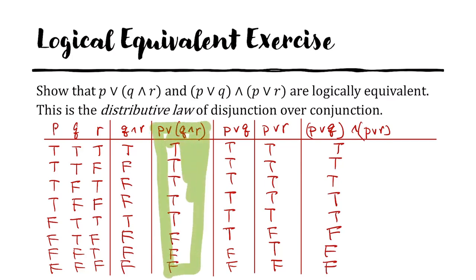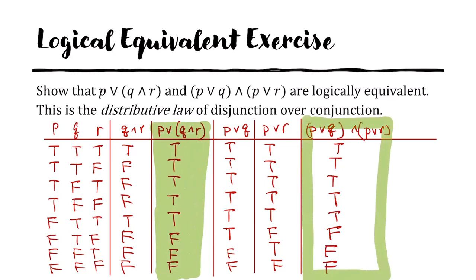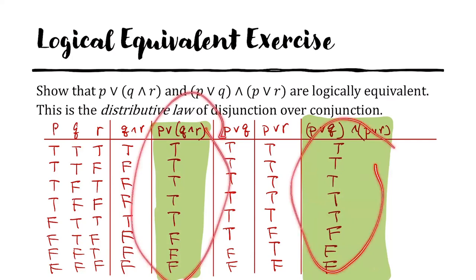Now, if you take a look up here, so if you compare the truth value here, they are the same. We have 5 true, and then the last 3 are false.